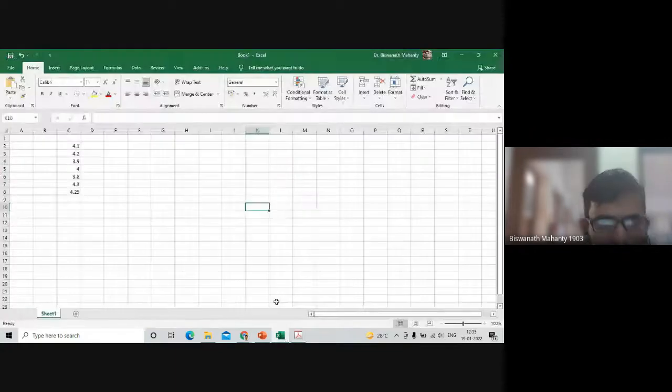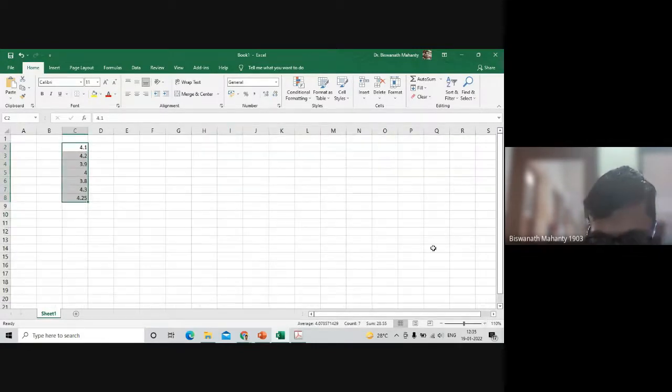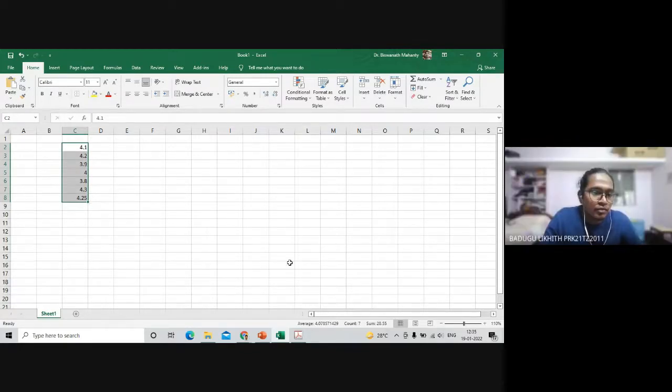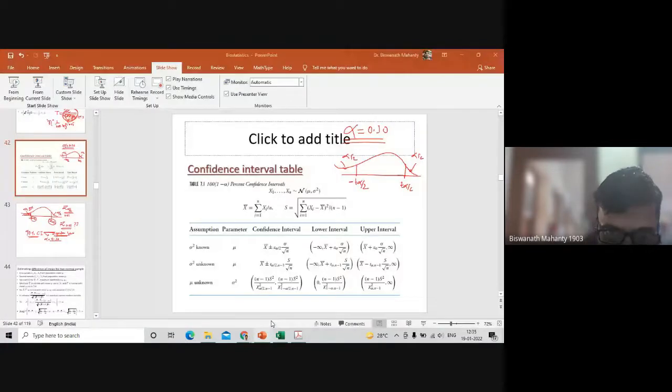Now, tell me, this is my data set. How many data points are there? I think you can see my screen, right? Yes or no? Yes, sir. How many data points? 7. So n minus 1 means 6. I need to remember that because I am using so many formulas.